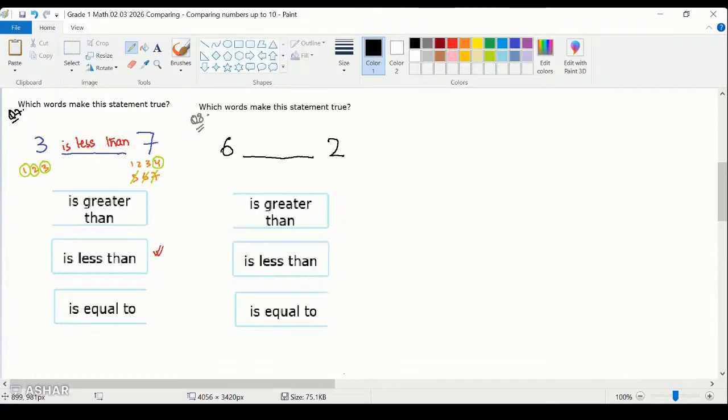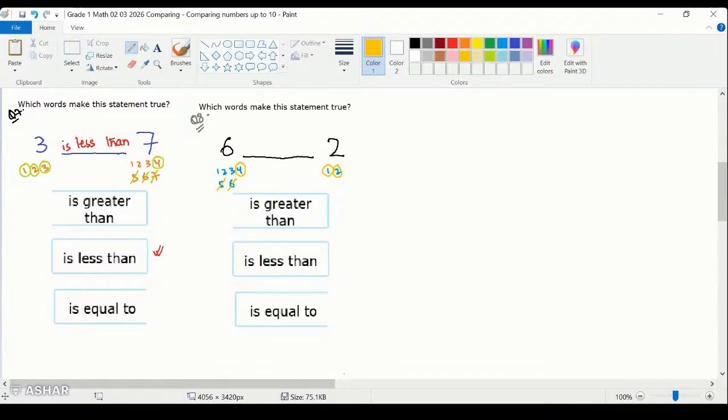If we have the numbers 6 and 2, we know that if we have 6, we can write 1, 2, 3, 4, 5, and 6. And if we had 2, we simply had two numbers over here. If we cancel out the two numbers by comparing, we're still left with 4. Agreed? So 6 has more value and 2 has lesser value.